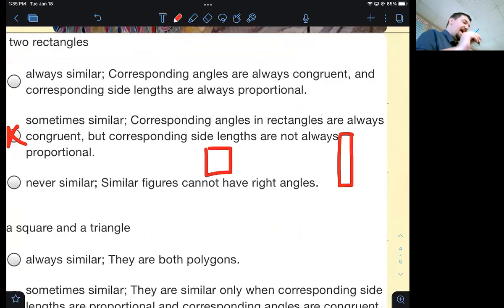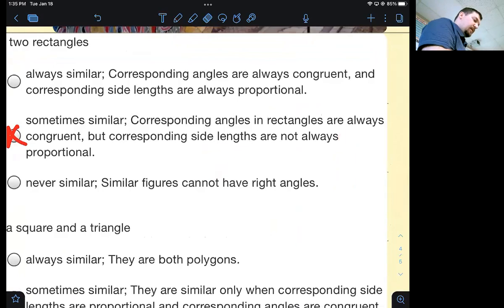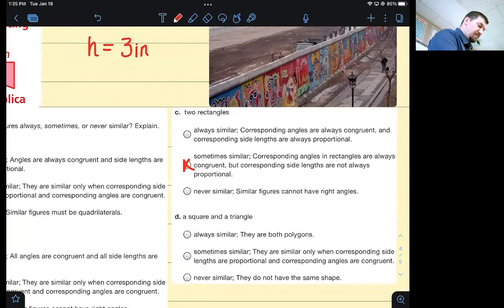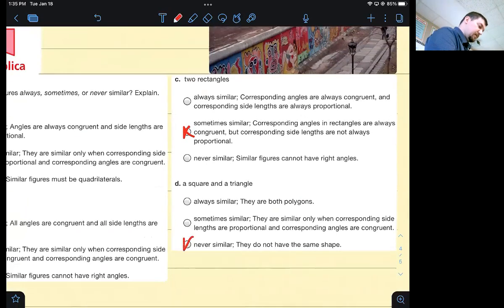We know that. They don't have to be similar. Same with the triangles, right? They could be if you drew them correctly, but you don't have to draw a rectangle that's similar to another one. And when it says a square and a triangle, you would say those are always, sometimes, or never similar, Dawson? Never, not even the same shape, not even the same number of sides. So that can't work.